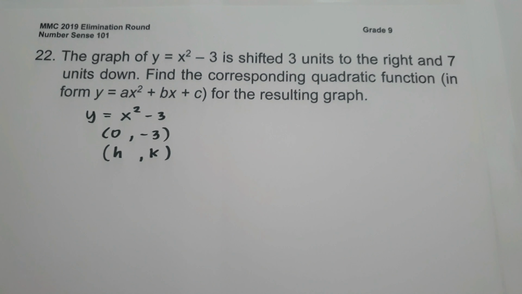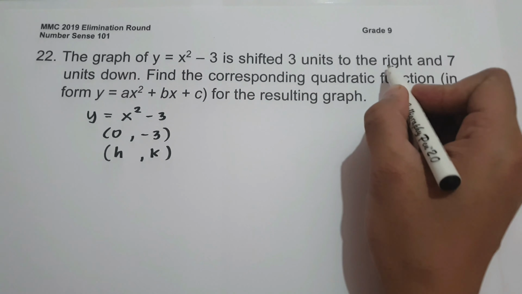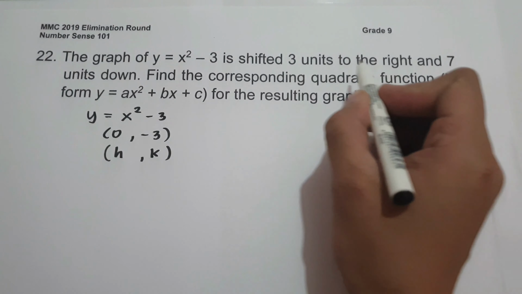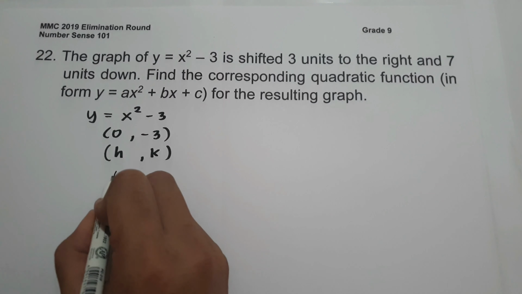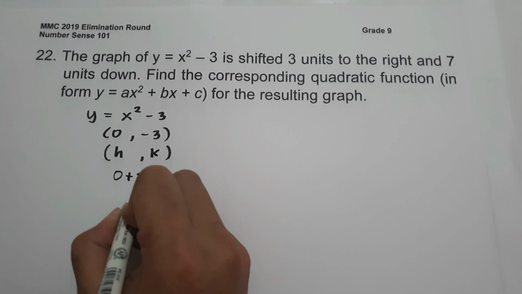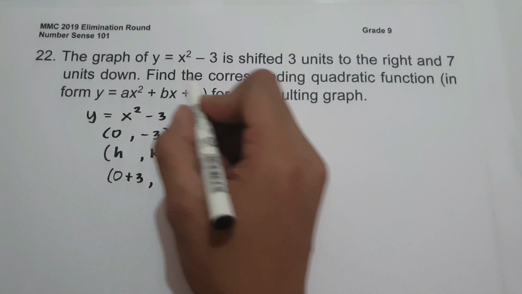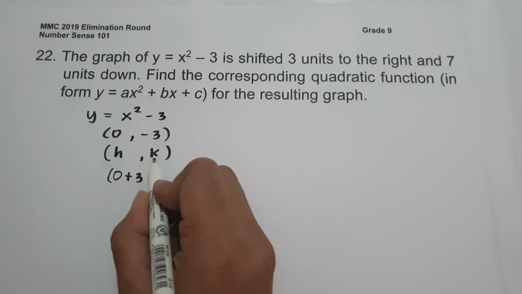Now, since in our given we have 3 units to the right, whenever you have a unit shifted to the right or to the left, this will be added to or subtracted from the value of h. So if you have 0 here, and 3 units to the right, that is positive 3. And then 7 units down: whenever you have up and down, this will be added to or subtracted from the value of k.